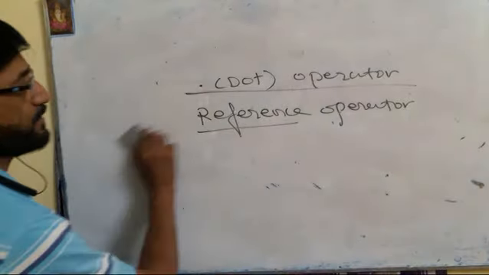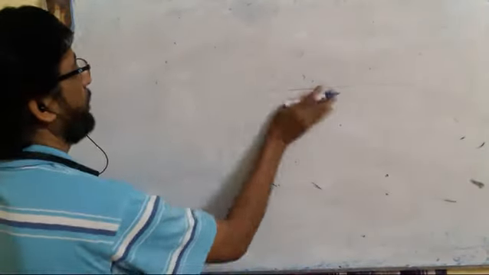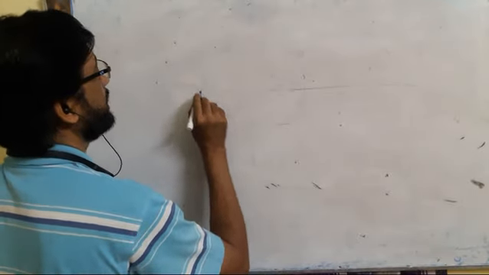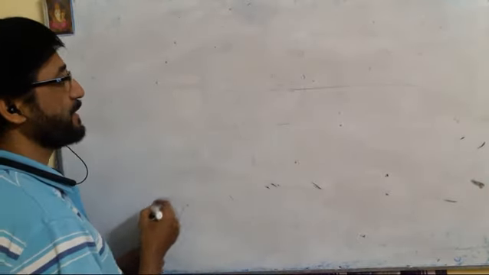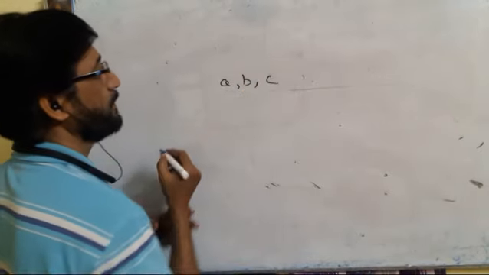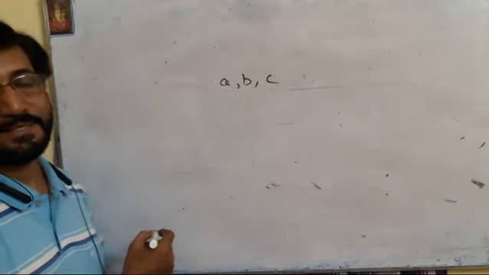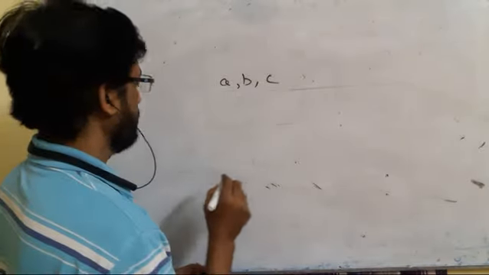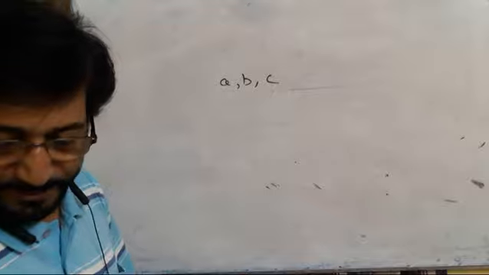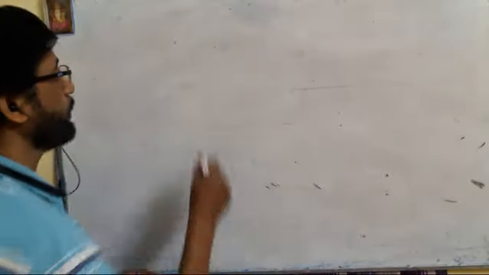Let us discuss it with the help of an example. Suppose my class is MyClass. In the class there are three variables, a, b, c. Let me write the example properly.